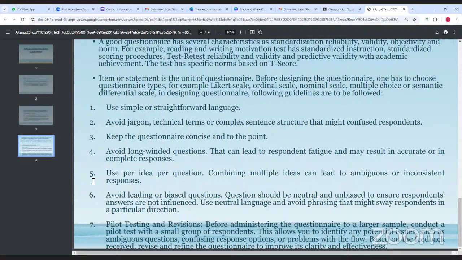Another one is the reliability of test. That is the test-retest reliability. That means reliability of the test over time. Another one is the internal consistency.